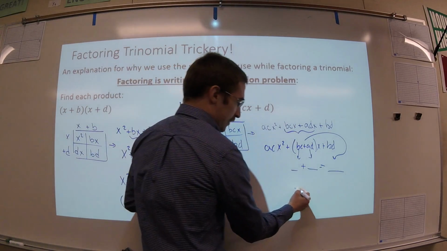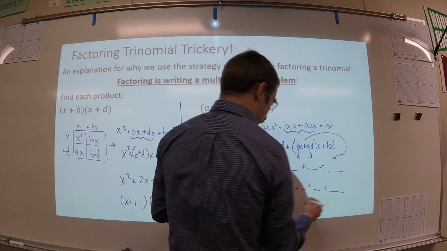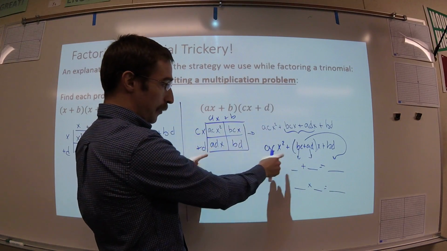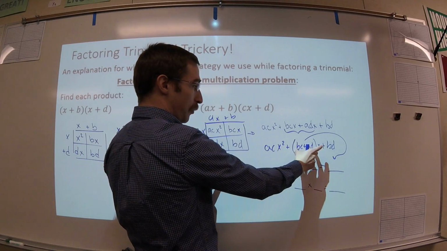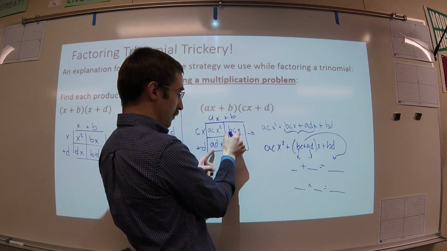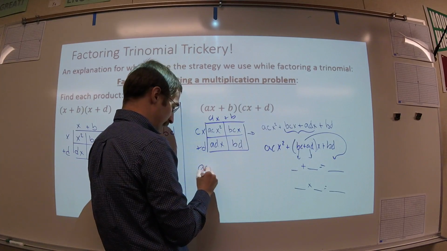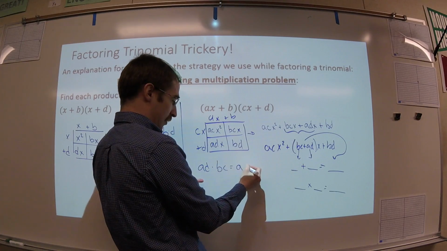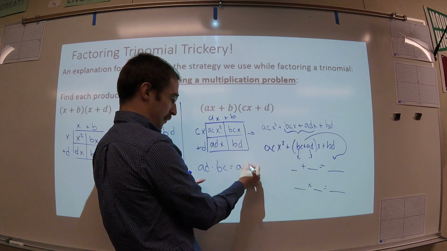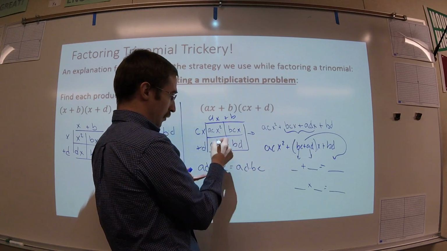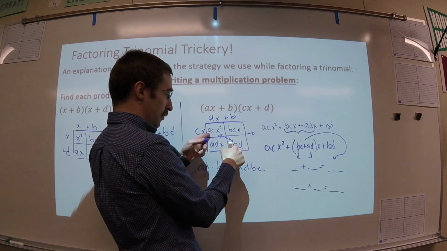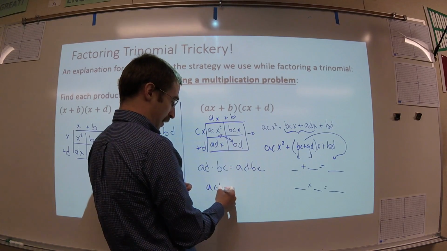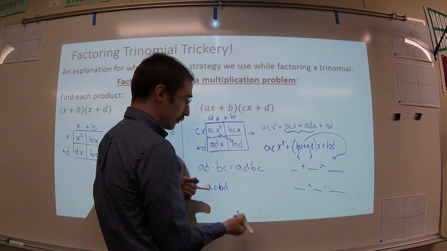We also would like something times something equals something. Well, in this case, the product of these two numbers, ad times bc, is literally just all of them multiplied together. It's just a times d times b times c. Well, that's the same as these two multiplied together, a times c times b times d. Right? There's all of them.